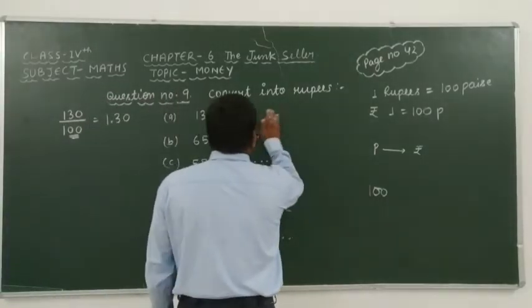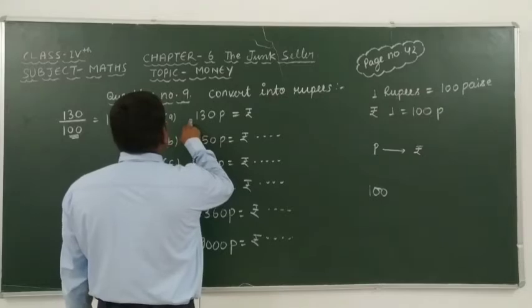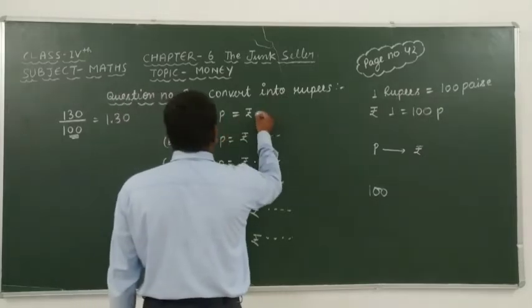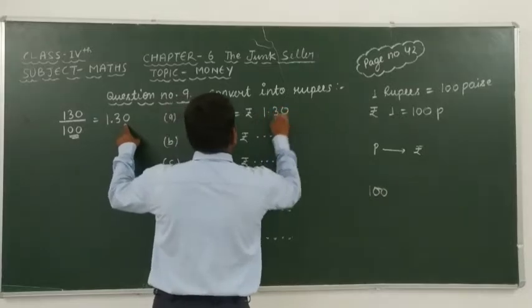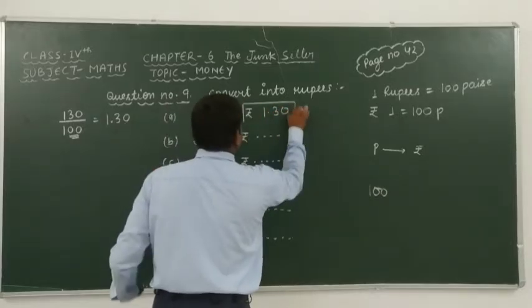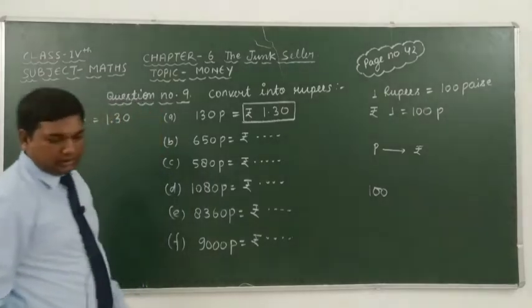Therefore 130 paise is equal to rupees 1.30. This is the answer of this question.